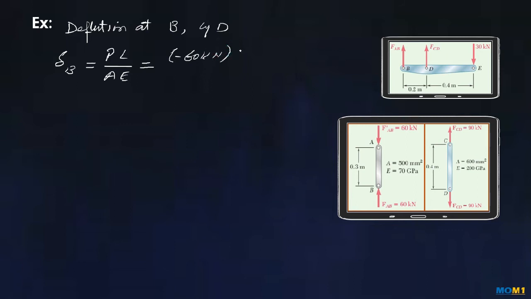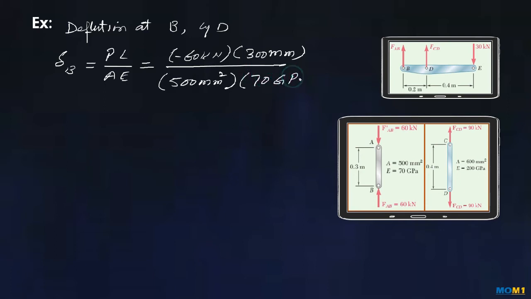The length of the link is 300 millimeter and the cross sectional area is 500 millimeter square, and the value of Young's modulus for aluminum is 70 gigapascal.